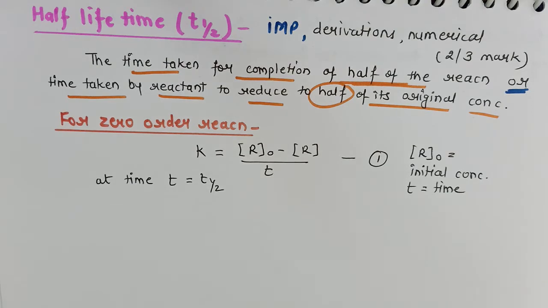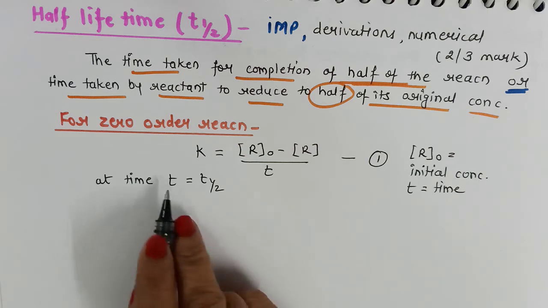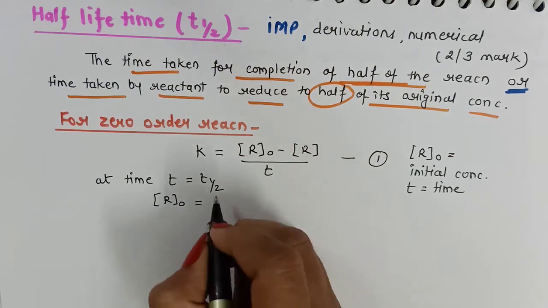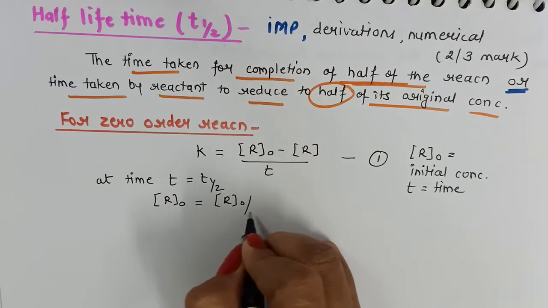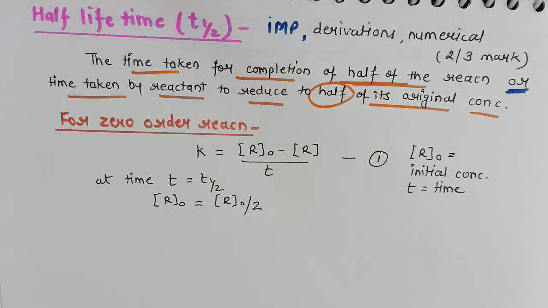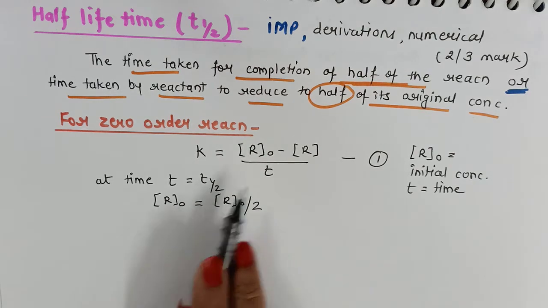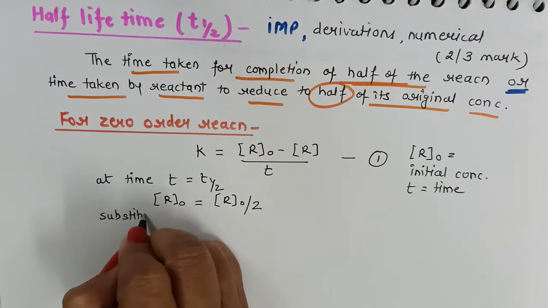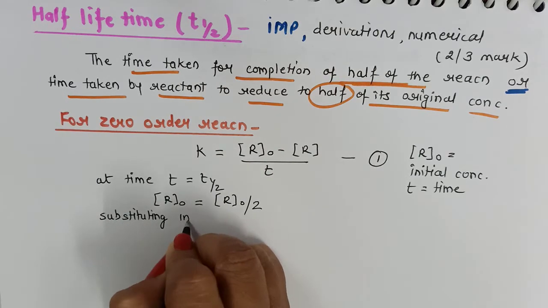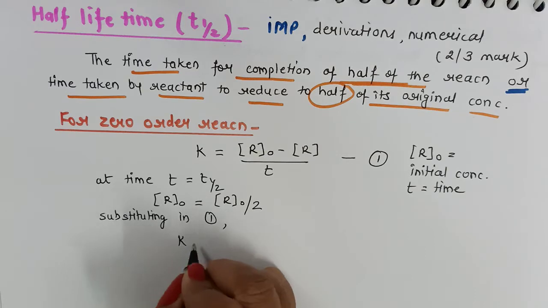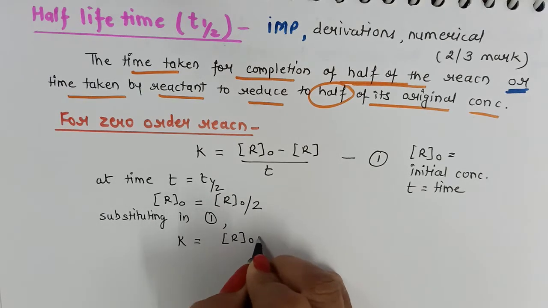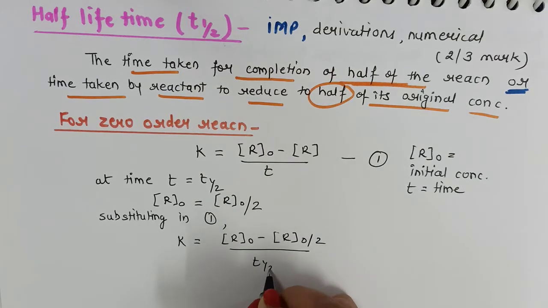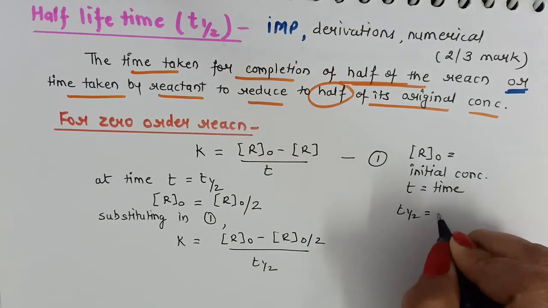At T half, what will be the rate constant? At T half, the initial concentration of the reactant gets reduced to exactly half its value. So now we will substitute the values of T and R in equation 1. Substituting, we get K equals R0 minus R0 upon 2, upon T half, where T half indicates half-life time.